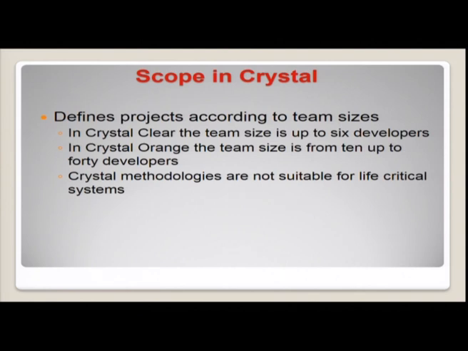So you are supposed to change according to your goals, and your perspective has to be changed according to the project team size. Then next, let us see the expected output in a Crystal method.